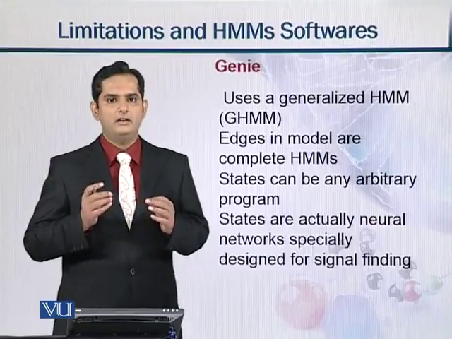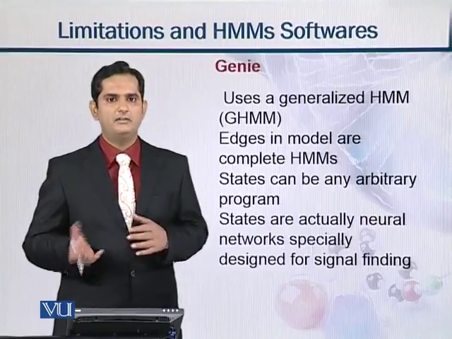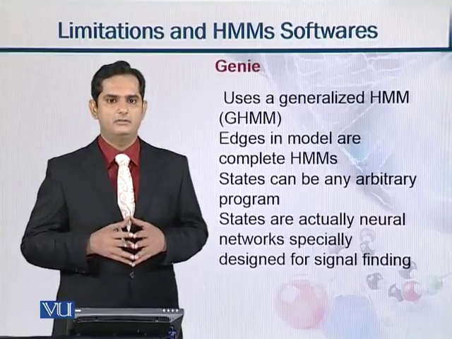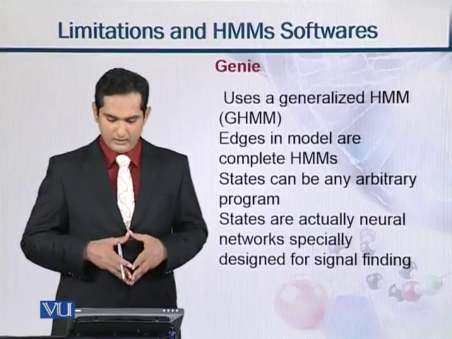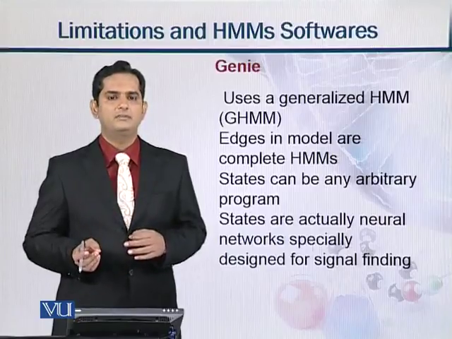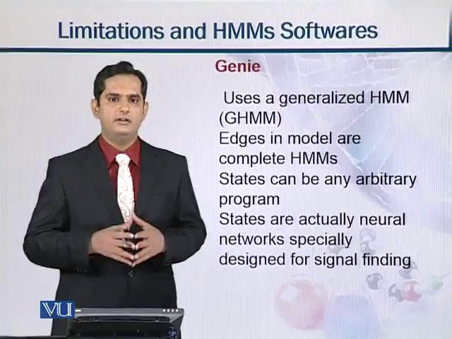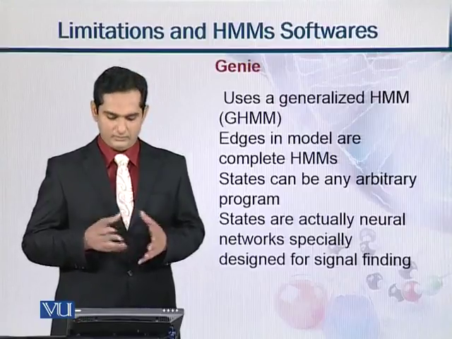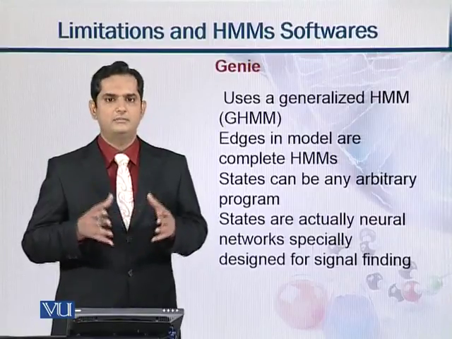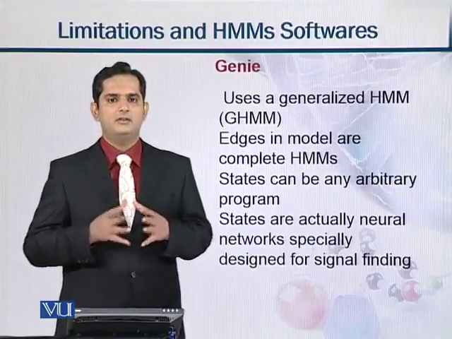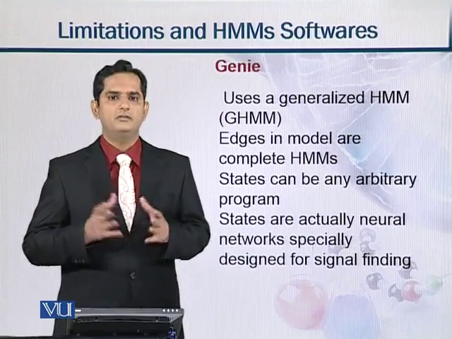In each edge there are different states which can be of arbitrary types or in random order. And then these states are themselves based on other statistical frameworks such as neural networks. Those neural networks work together to generate a high quality output. So basically this is a generalized model which can do several tasks.